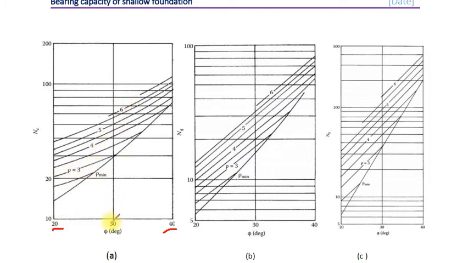For example, if phi equals 30 and rho equals 4, then intersect with the y-axis, you can get the value of Nc. In a similar manner, you can get Nq from this figure and N gamma from this figure.